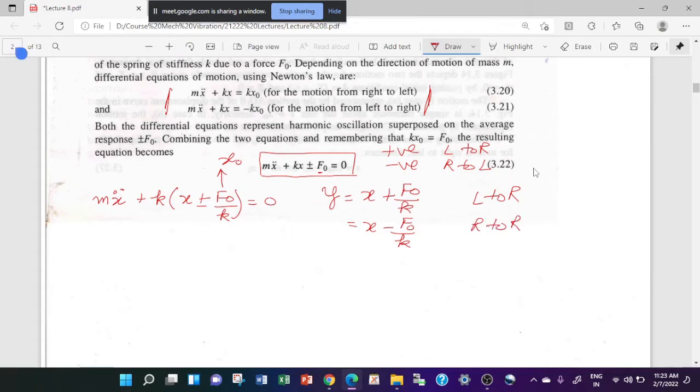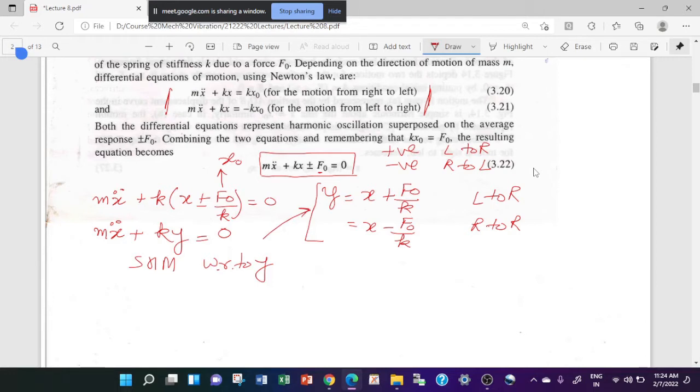So y is another variable which correlates x but will have a different meaning for left to right and right to left motion. So I can write this here mx double dot plus ky is equal to 0. And this is your simple differential equation and will have some SHM motion with respect to y. And y is defined differently for the two types of motions in a system.